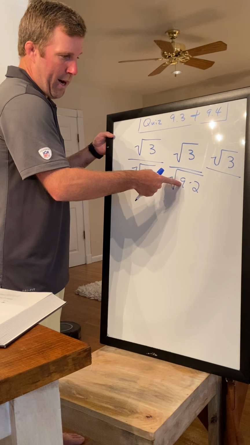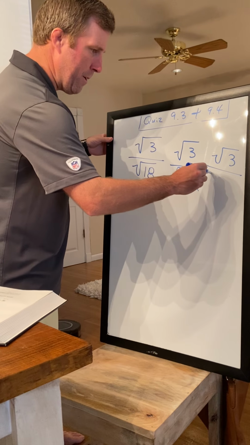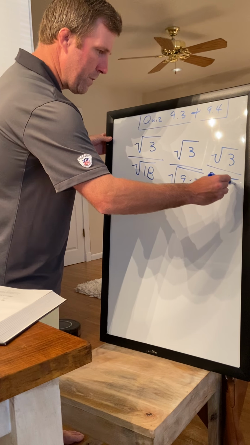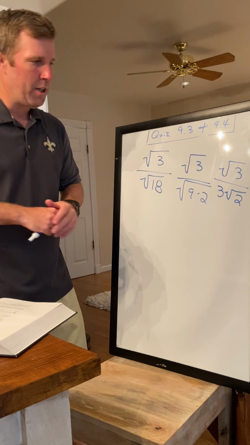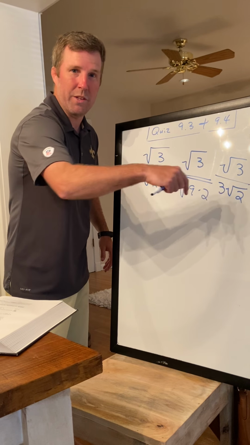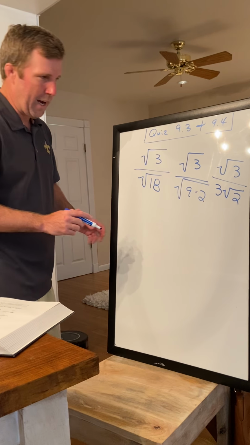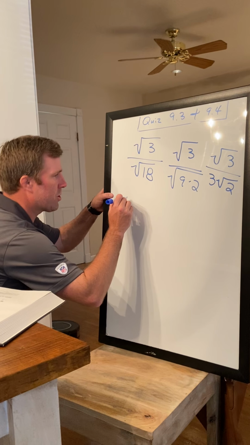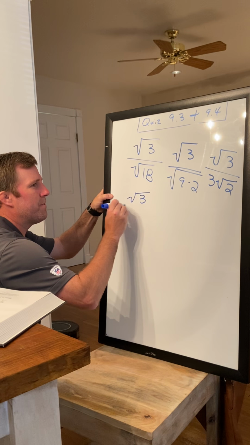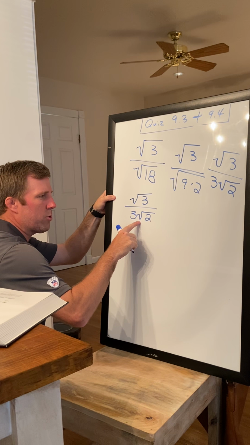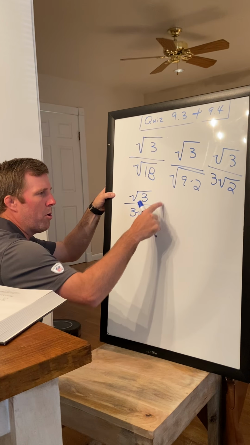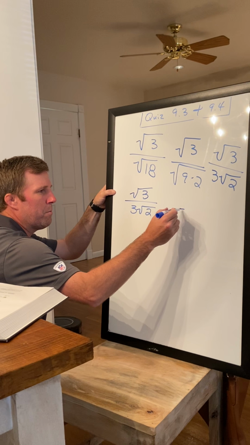This is a perfect square, so I can take its square root and bring it out front, which gets me there. I can't box that as my final answer because I have a radical in the denominator. So I have square root of 3 over 3 times the square root of 2. In order to get rid of this radical, I'm going to multiply both the numerator and denominator by the square root of 2.